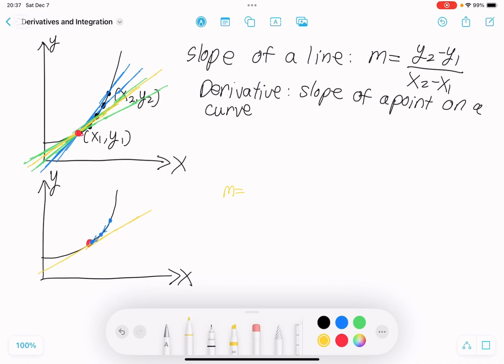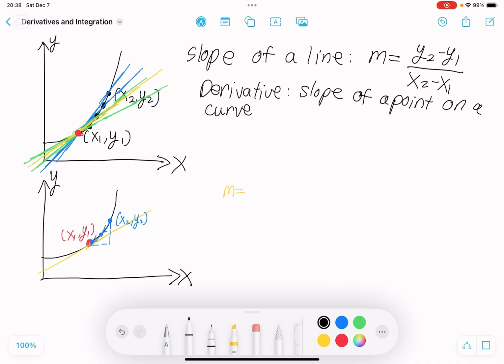Then let's say this blue point and this red point have a vertical distance of y. So we can say this blue point has coordinates of x2, y2, and this red point has coordinates of x1, y1.